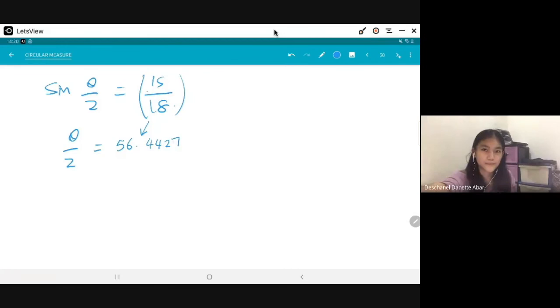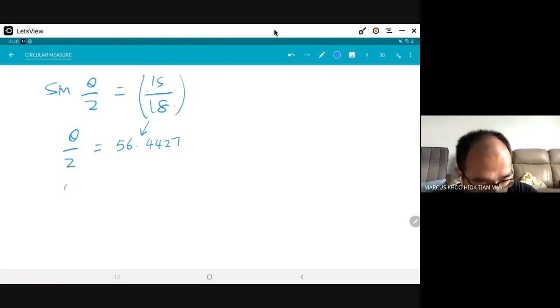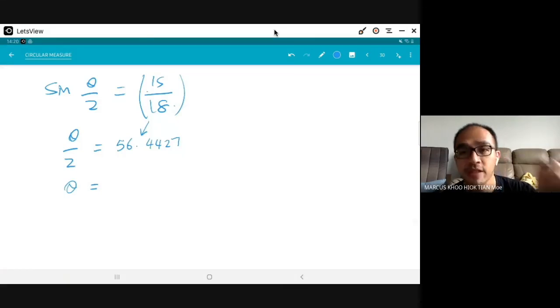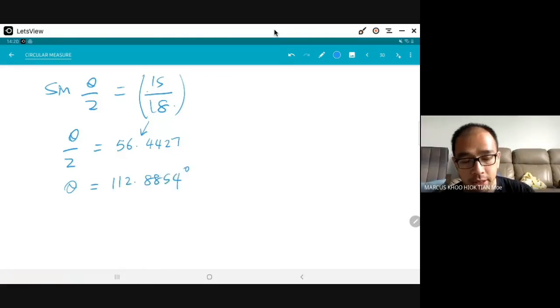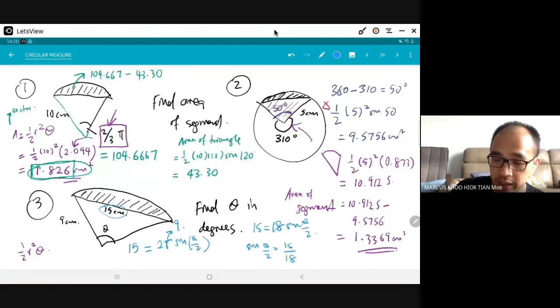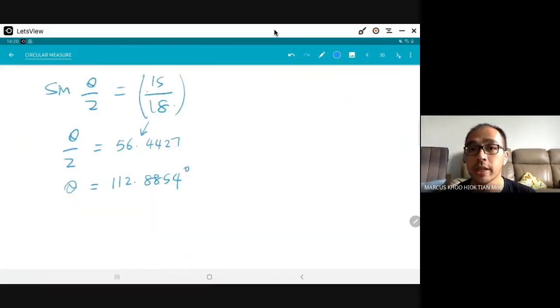Yep. So theta will be, I don't know how somebody can say 0 point something something. I don't know where that came from, but never mind. Shift sine already. So what is theta? 112.8854. In degrees, that's why I asked for degrees. So don't have to change it to radians. We are finding it in degrees.